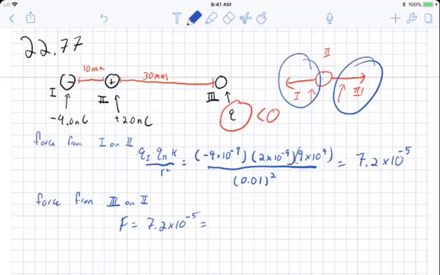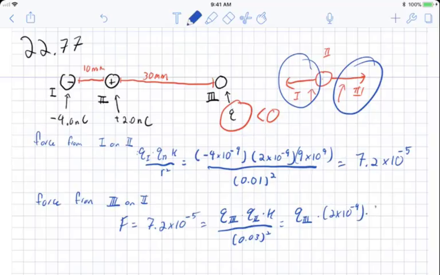So that's equal to Q3 times Q2 times K over the distance, 0.03, all squared. I don't know what Q3 is, but I do know that Q2 is 2 times 10 to the minus 9.